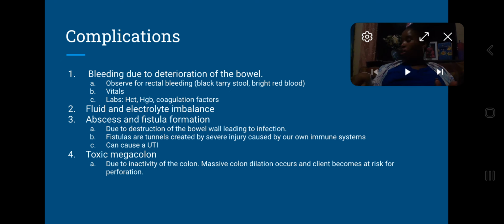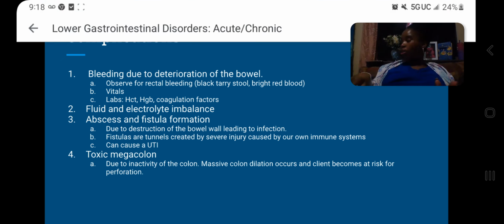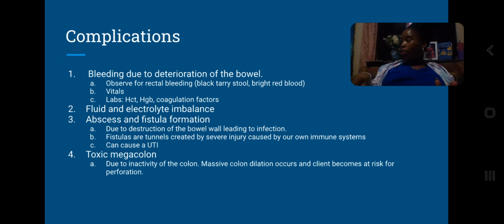I was trying to point out that you want to watch for these complications here in all of your GI disorder complications. The most severe is bleeding, inflammation that's going to cause bleeding, peritonitis is going to cause major bleeding.